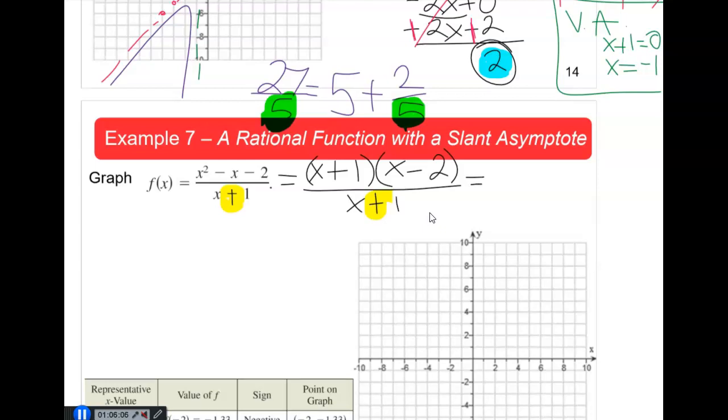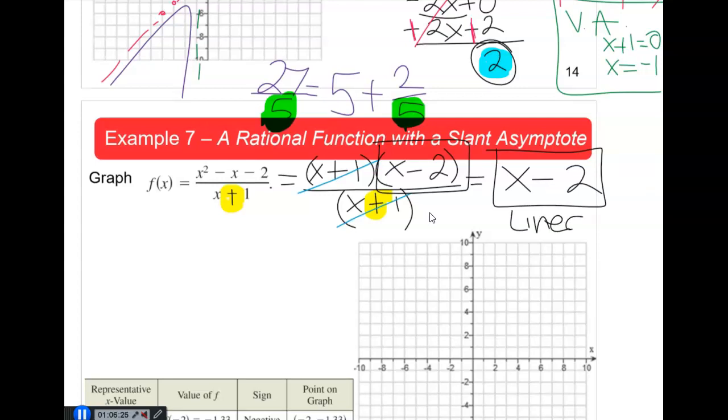So for example, if you happen to find two factors that are in common, you could cancel them out, right? Because they equal 1. So then you are just left with one factor, and it is x minus 2. Now, this may look like a linear function, but it's the result of simplifying a rational function.